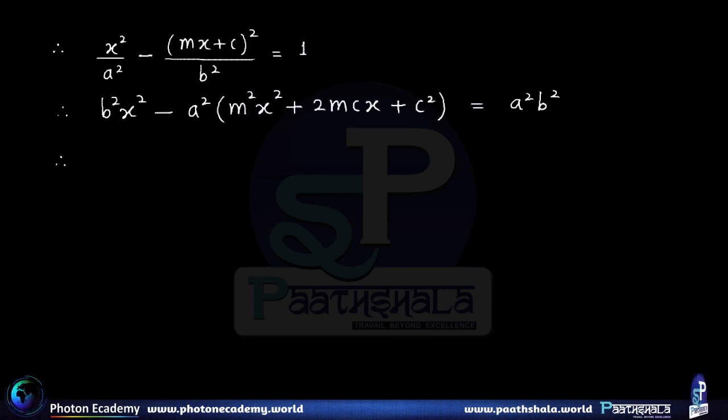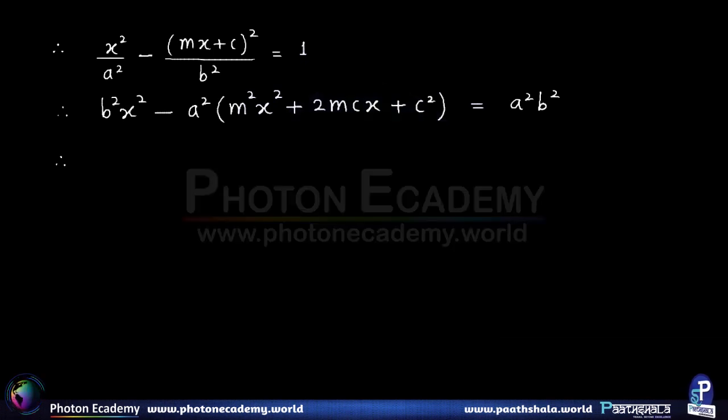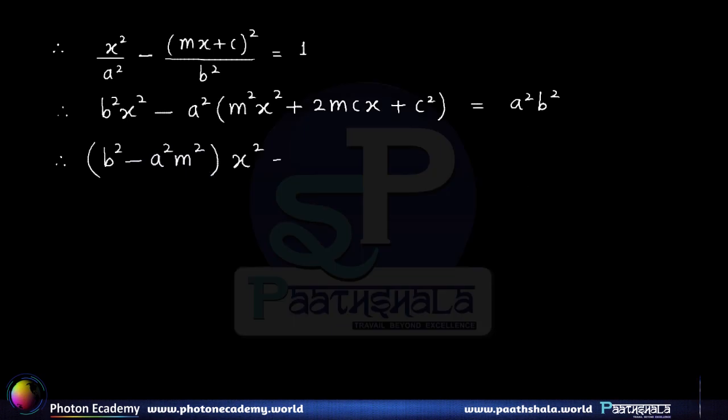Now let's bring all the terms on one side and collect the x square term, x term, and constant term. So we will get b square minus a square m square times x square, correct? That is the x square term. Then let us collect the x term, which is only one term here, that is minus 2 a square mcx, and then the constant term.